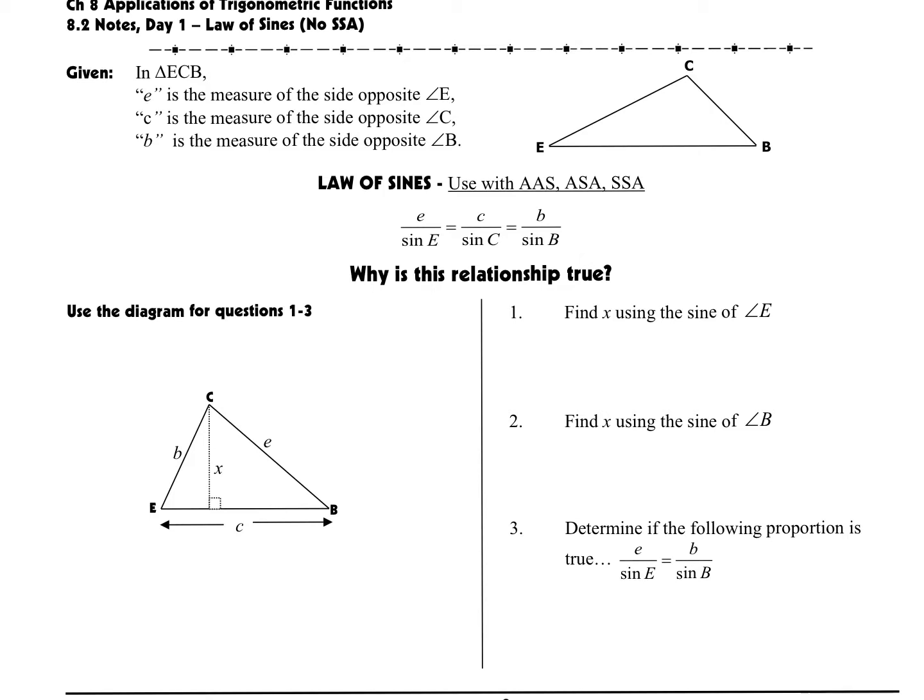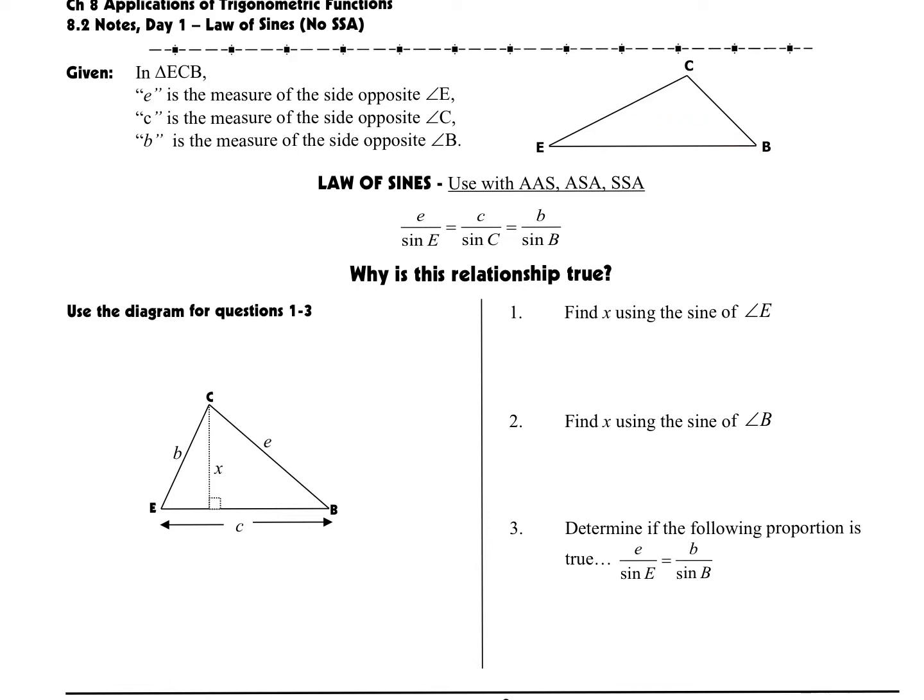Now, I want to take a look at this triangle here, and give you a little bit of information on how these are going to be marked. The capital letters in any triangle will represent the vertices, and then we can mark the sides across from those angles with lowercase letters to help us keep track.